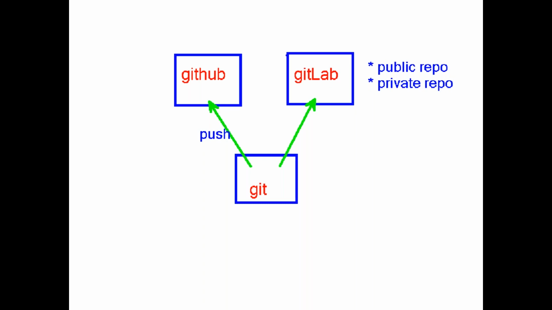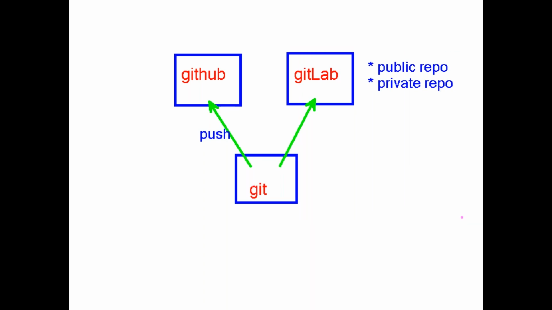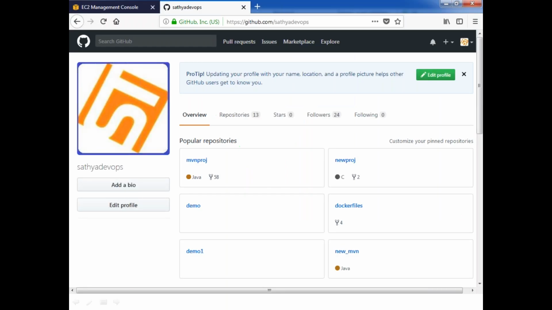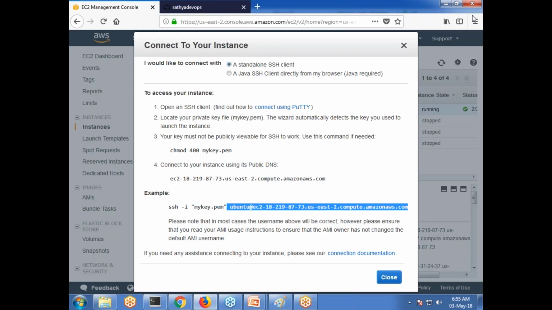So GitLab will give the facility for us. You can see GitLab tomorrow. I'll tell you about GitLab and some basic tools, and we'll see tomorrow. Okay, so continue. If we have any doubts, you can see here.